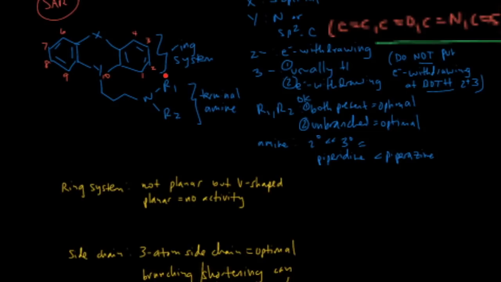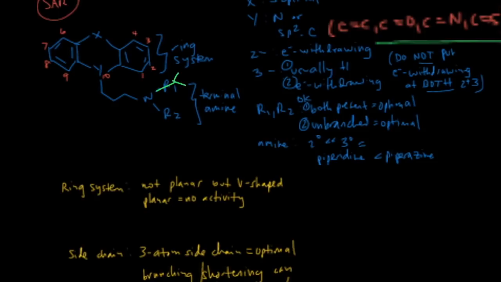The R1 and the R2 groups both have to be present. Any substituent at the R1 and R2 group is optimal, and leaving them unbranched is optimal. So let's see. R1 cannot be that.